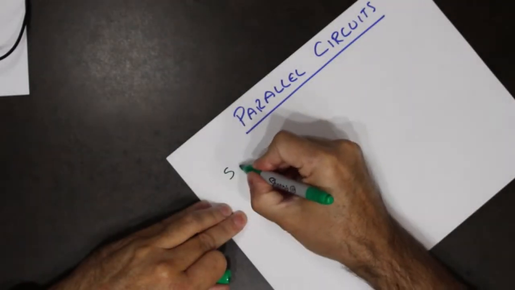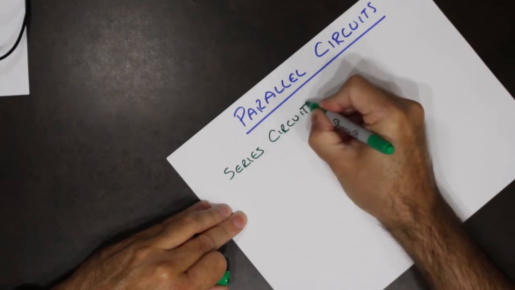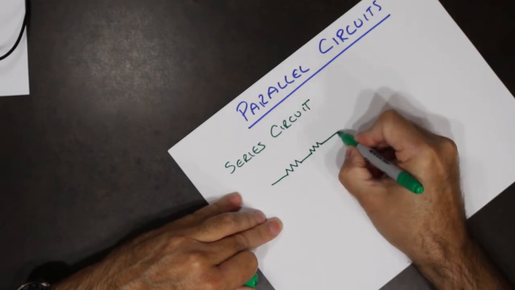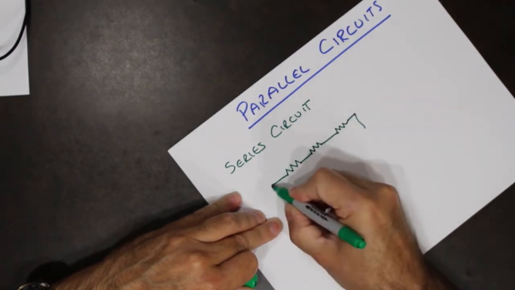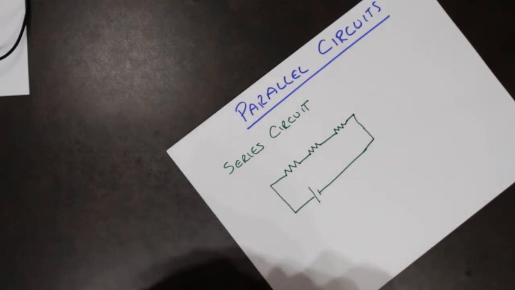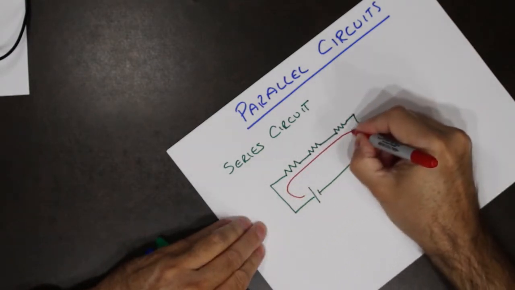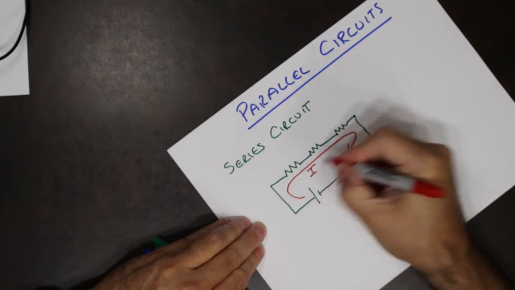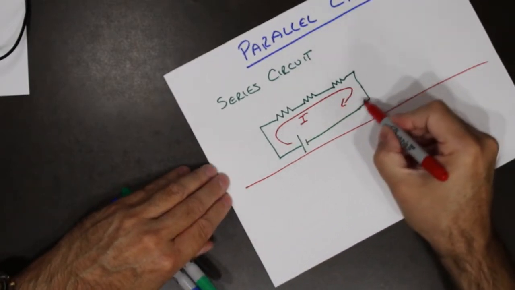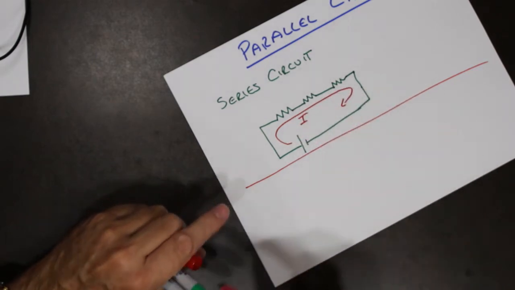A series circuit is when we have resistors that are connected end to end, and the resistors share the same current. So in a series circuit, we have one loop and all resistors share the same current.